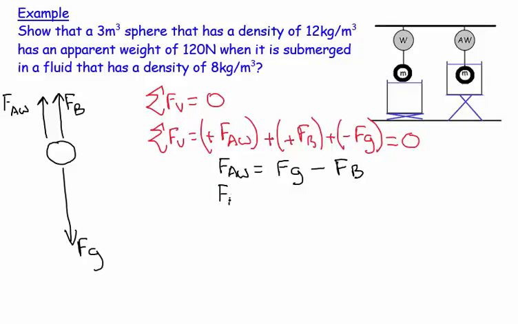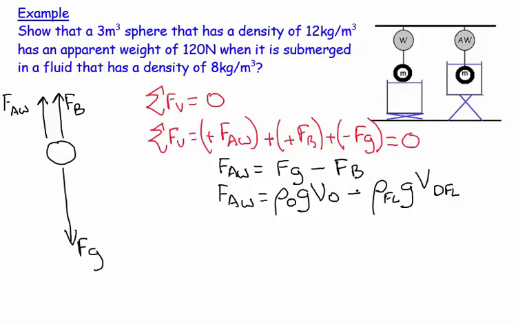And so my apparent weight is equal to the force of gravity, the weight of this, which is the density of the object times g times the volume of the object. And then for our buoyant force, the buoyant force is all about the fluid, so it's the density of the fluid times g times the volume of the displaced fluid.